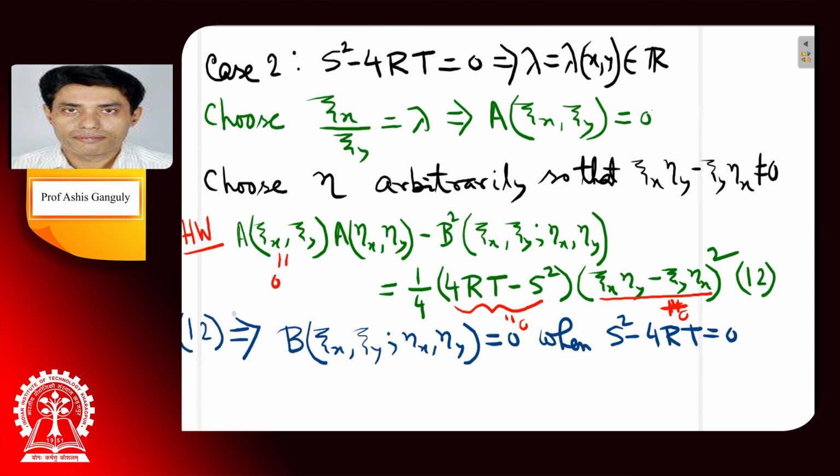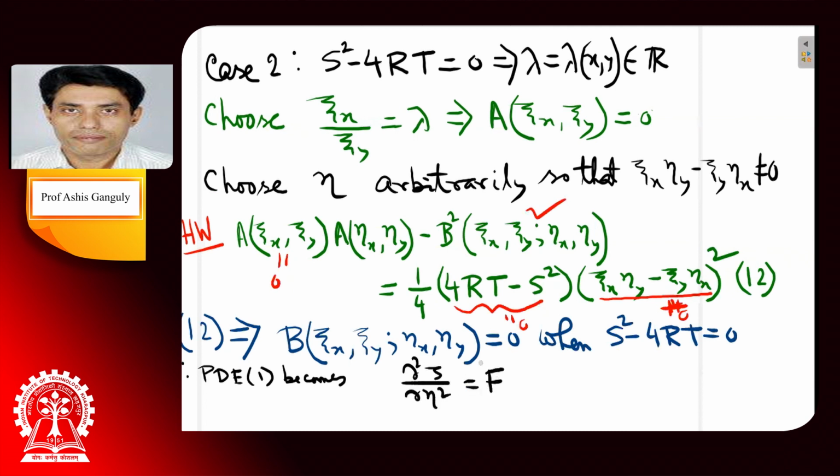So that means B must vanish. Therefore, PDE 1 becomes del square zeta by del eta square equal to some f.